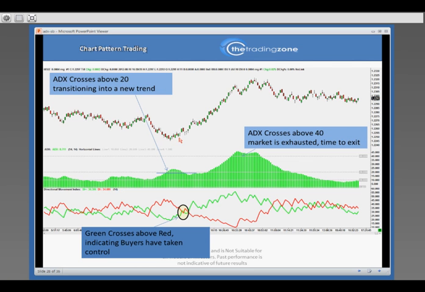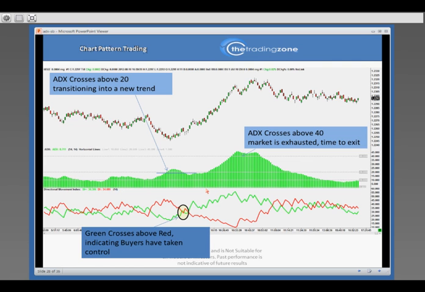So now we're looking at a long scenario. The trade is long. Moving along with the chart, yeah, we can see that it weakens, right? It drops below 20. A drop below 20 tells us the market has gotten weak again, right? It's fallen out of the trend, but it's not an exit signal.